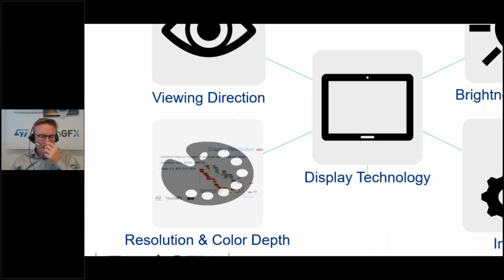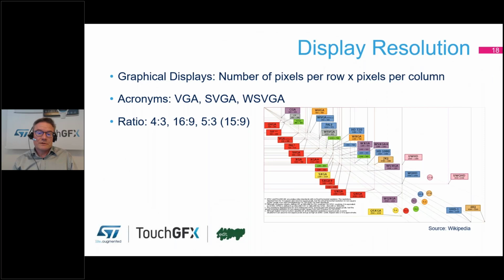Let's look into the display resolution. Now, if you're designing an embedded system, you often have chosen a CPU or have preferred a CPU that you want to use, and you will design some software, but you also want to limit the memory size because your software needs to do this and that, and a lot of other things keep running than just showing graphic images on a display.